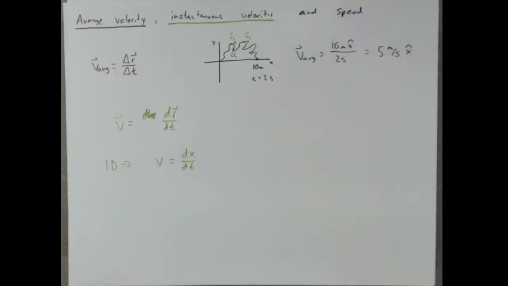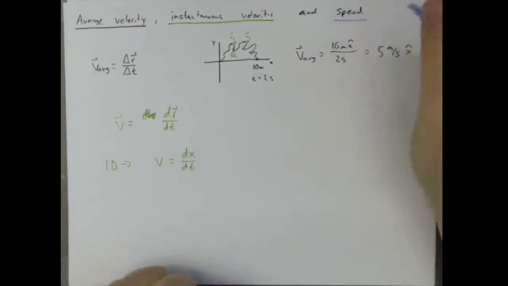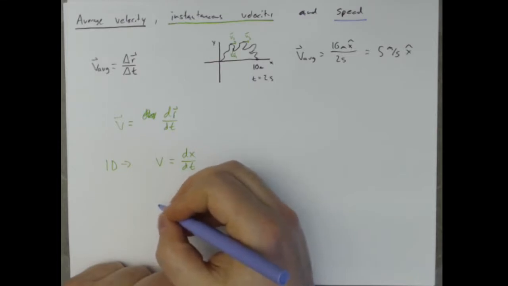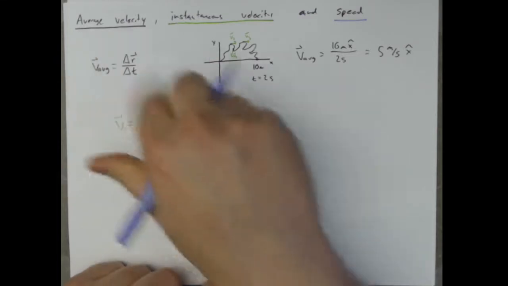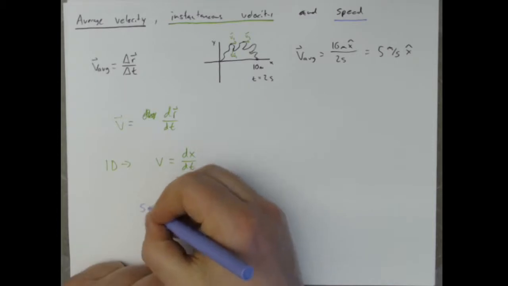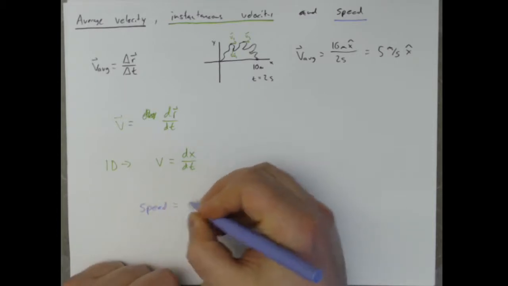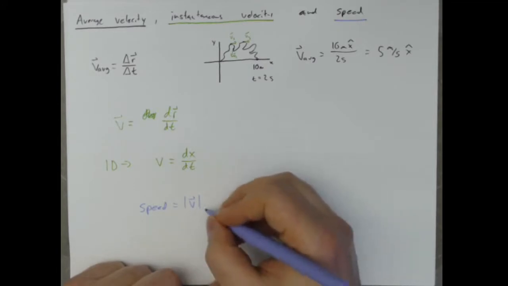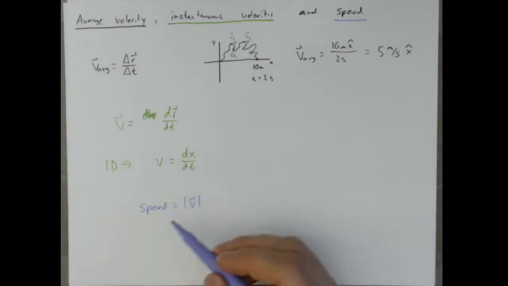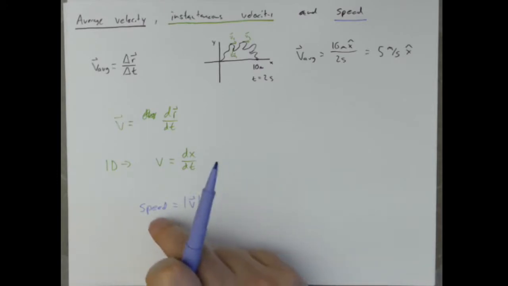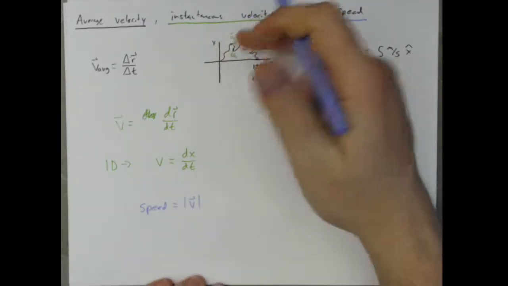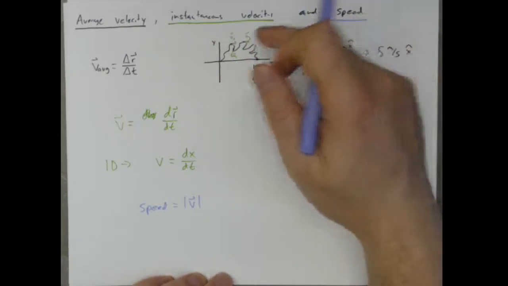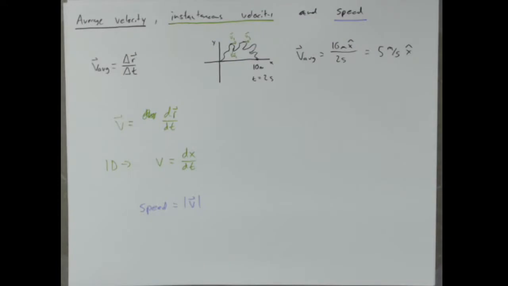Now, when we're talking about speed, which I can never remember what variable I like to use, we don't use v because v is velocity, but the speed is the magnitude of the velocity vector. So it's a way of saying that during all this time, the speed, the magnitude, might have been changing, but the direction doesn't matter.